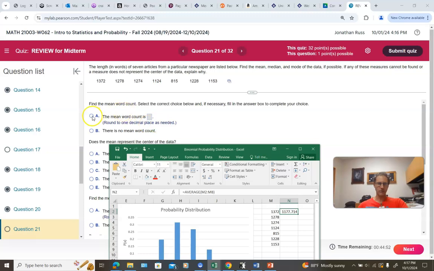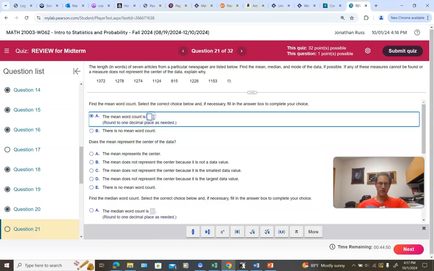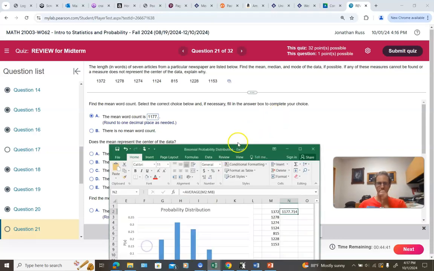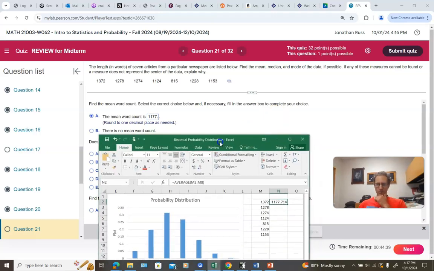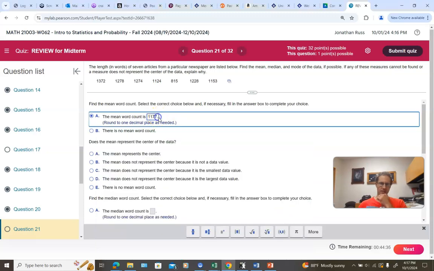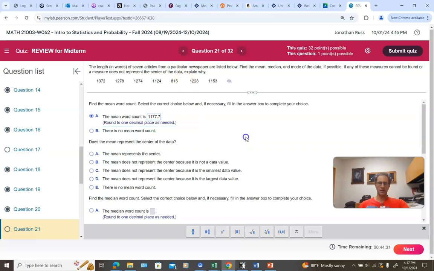This says round to 1 decimal place. So the mean is 1,177 point. Let's look back here. Got a ton of windows open, as you can see. 1 decimal place, that 10th place is going to have a 7 in it. Okay? And then it says, does the mean represent the center of the data?